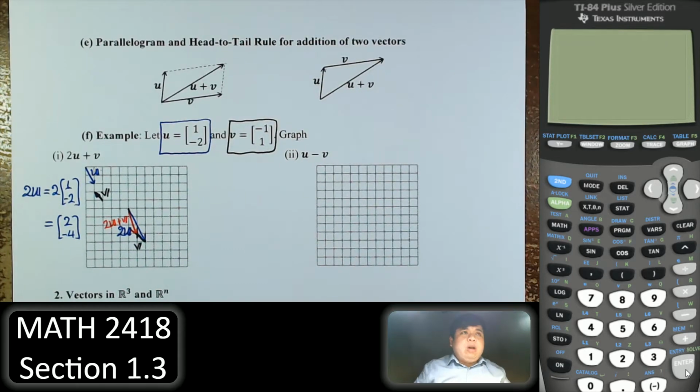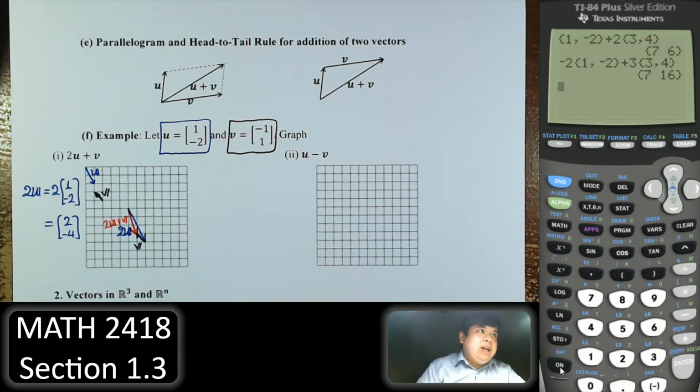Of course, if we want to confirm it, we can just do it by hand easily. 2 times vector u of 1 and -2, plus vector v of -1 and 1.